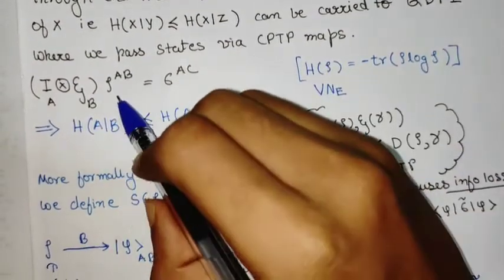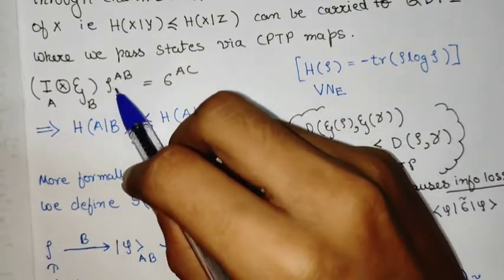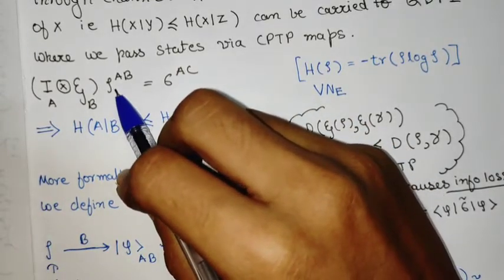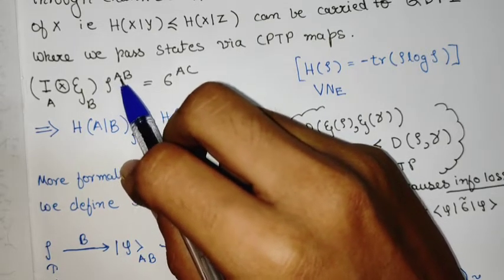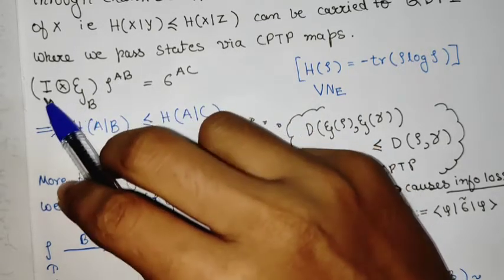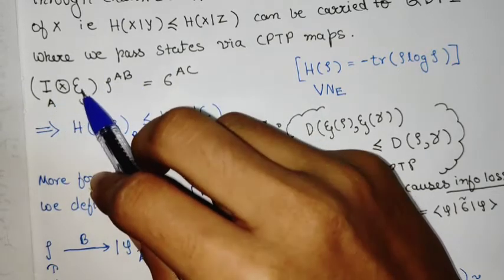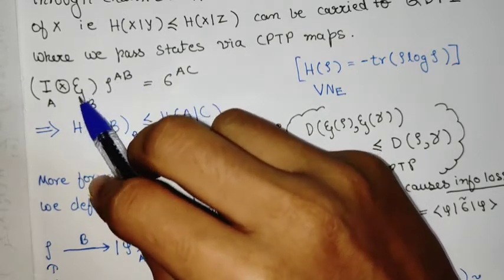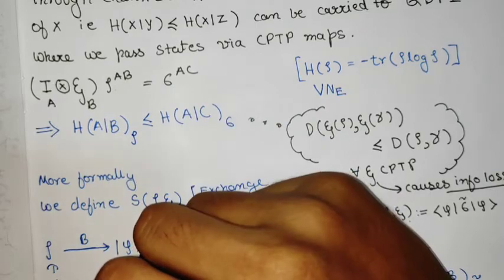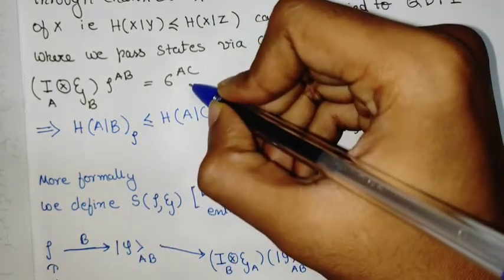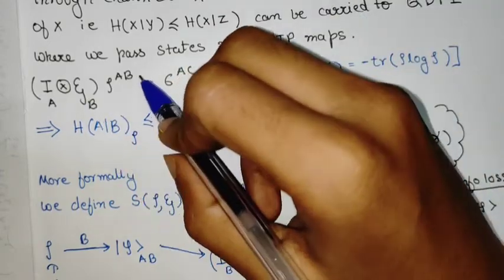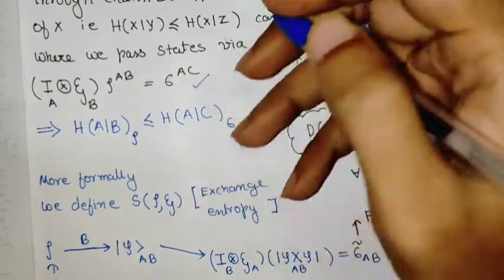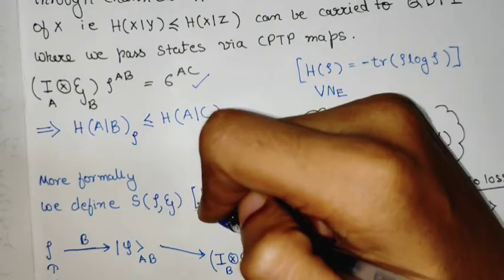So suppose you have a bipartite state, rho AB, and suppose Alice on her part does nothing, but Bob makes some sort of a local transformation using some CPTP map, and he gets this particular final state where Bob's map is mapping to some other person, that may be Charlie.